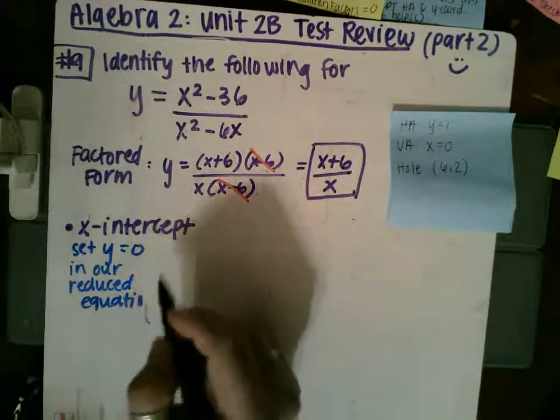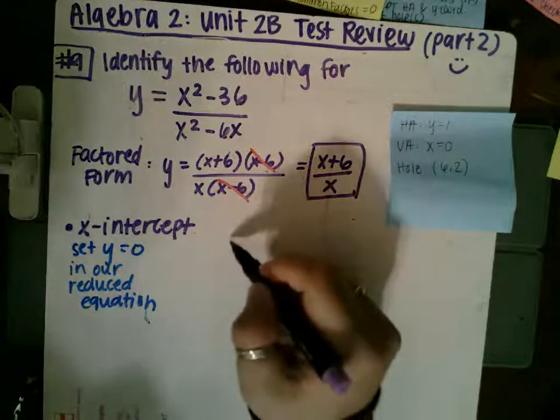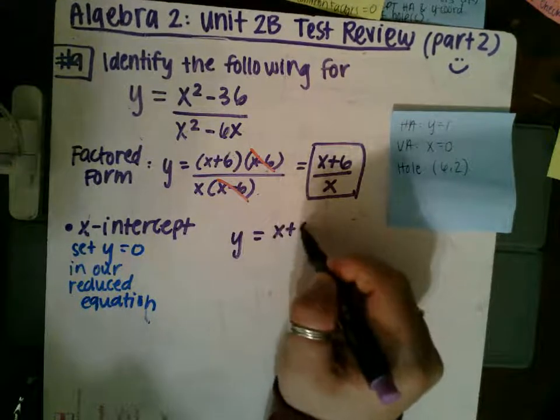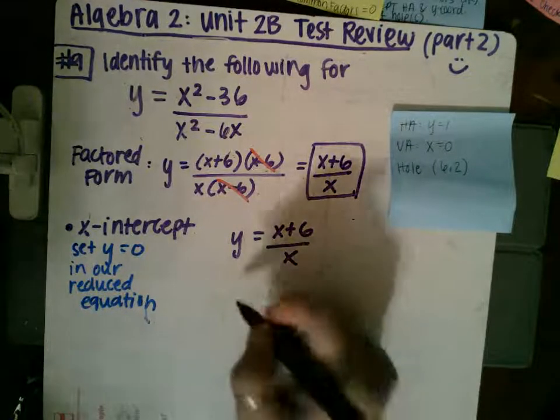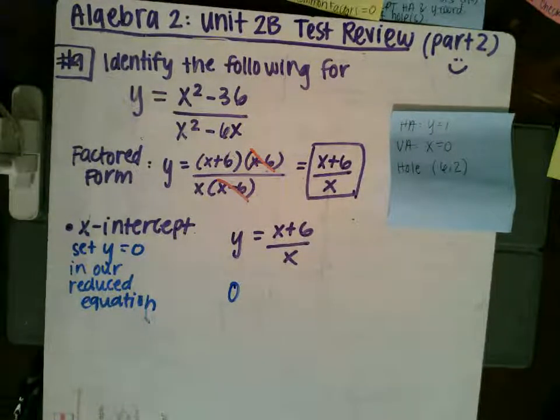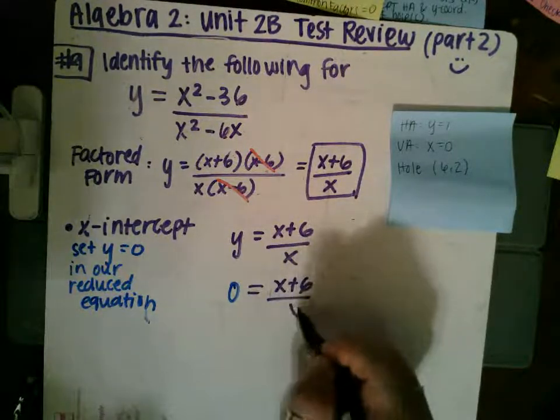We don't want to do it for the full equation, just the reduced equation. So normally we have y equals x plus 6 over x, and we want to set y equal to 0. 0 is equal to x plus 6 over x.